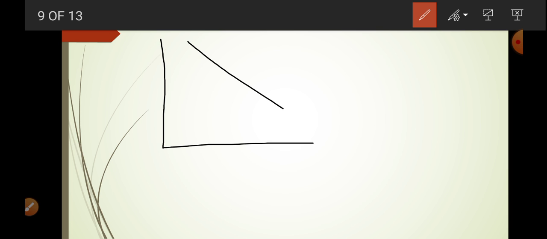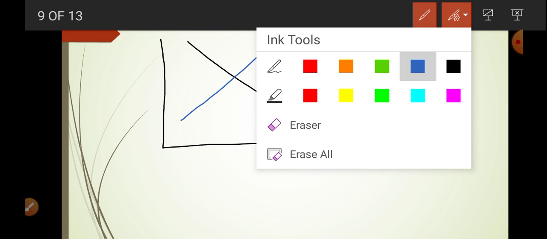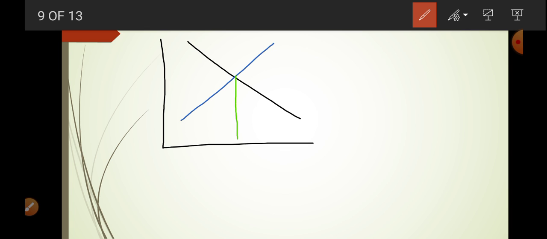Okay students, so if I explain it, suppose this is your demand curve, this is your supply curve, and this is your equilibrium quantity OQ, and this is your equilibrium price.